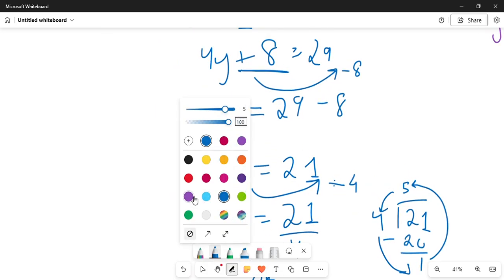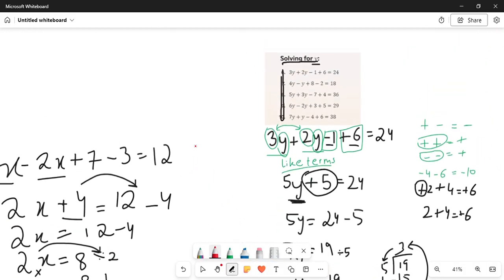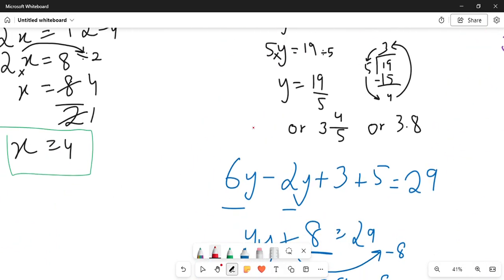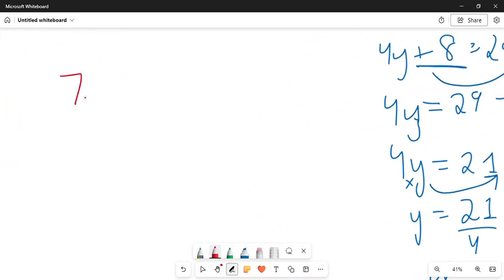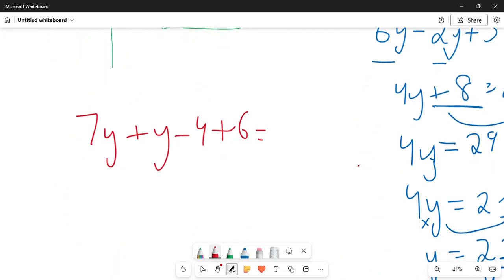I think the last question now. 7y plus y minus 4 plus 6 equals 38.